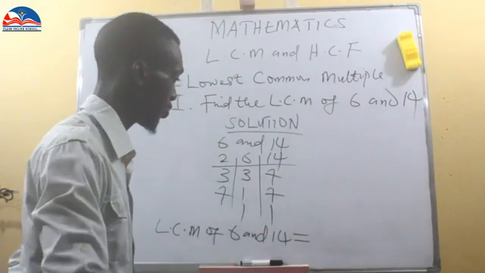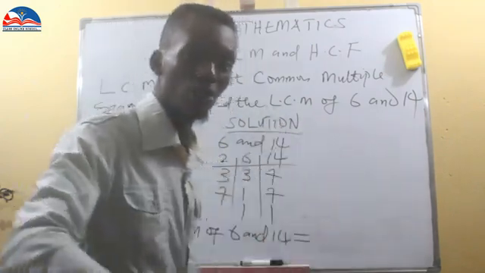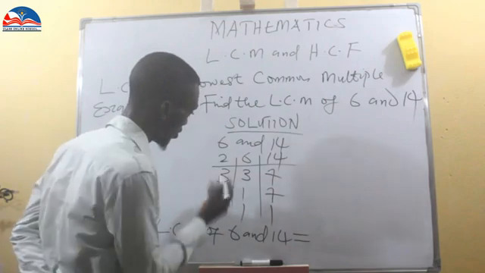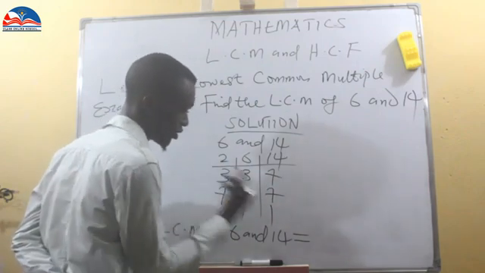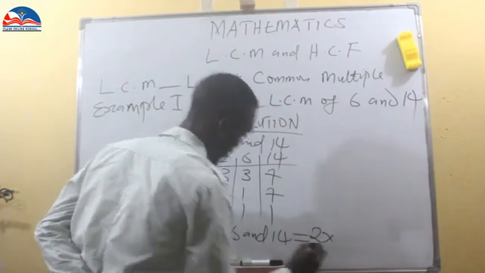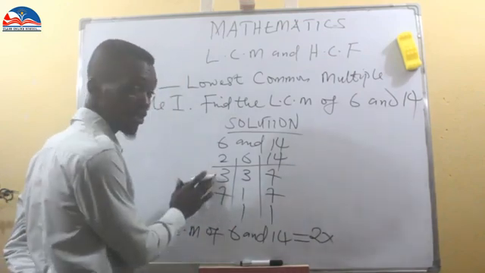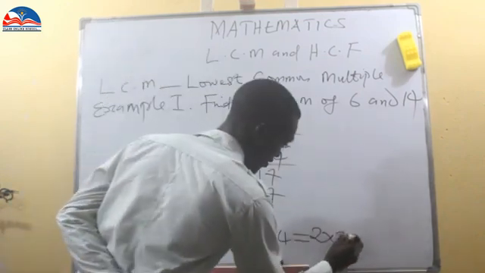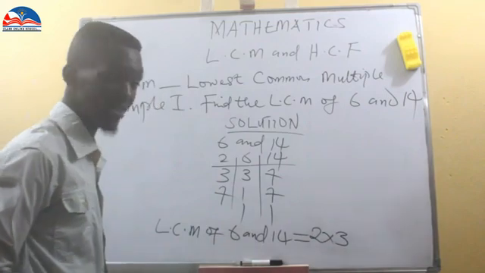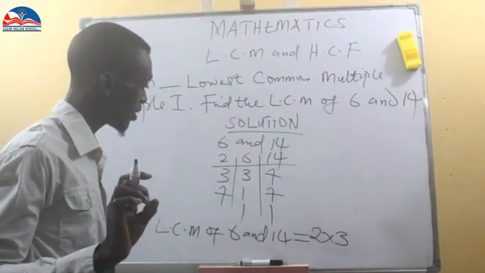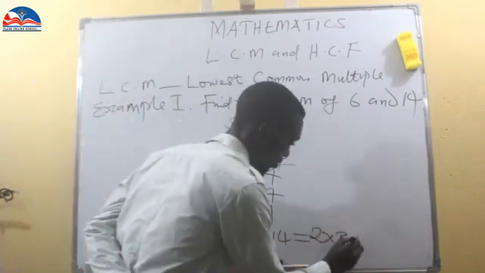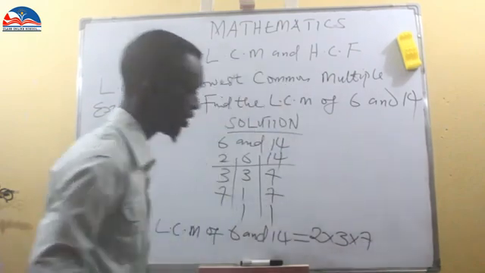The result becomes the lowest common multiple. We started with 2, so we have 2 times the second number, 3, and then 2 times 3 times the last number, 7.